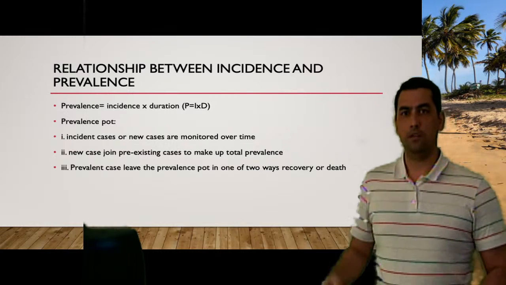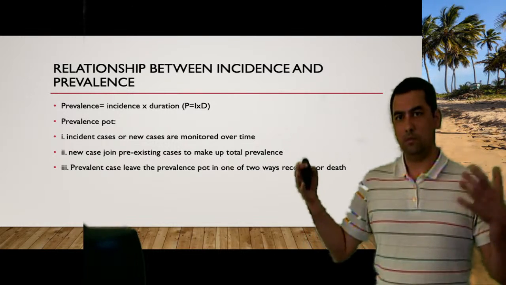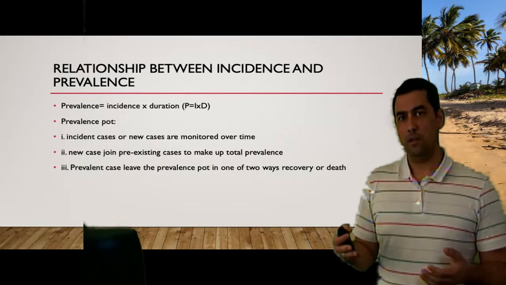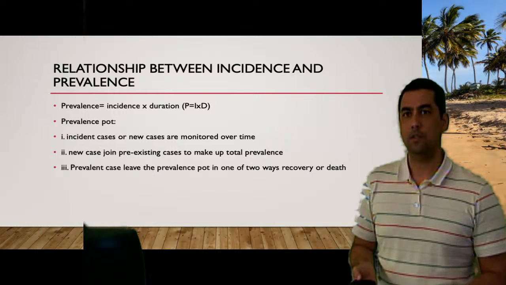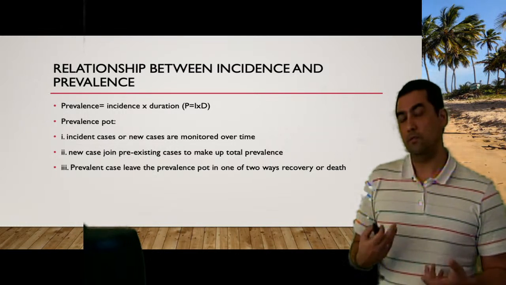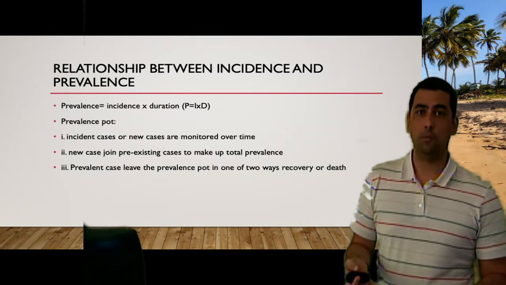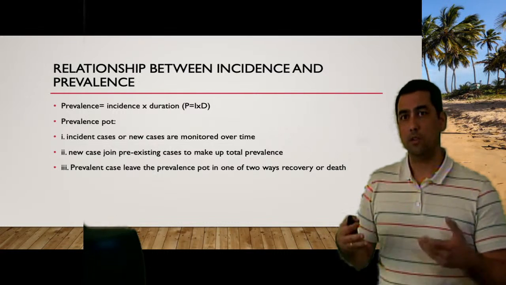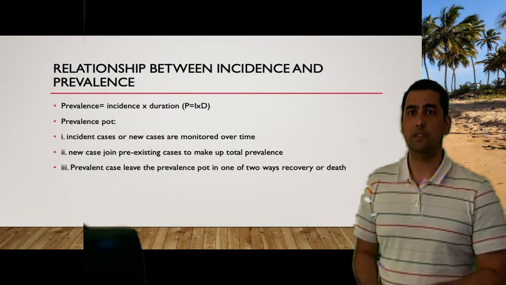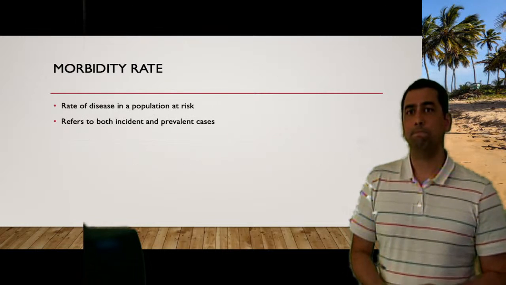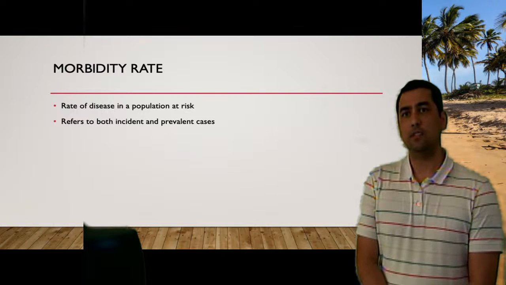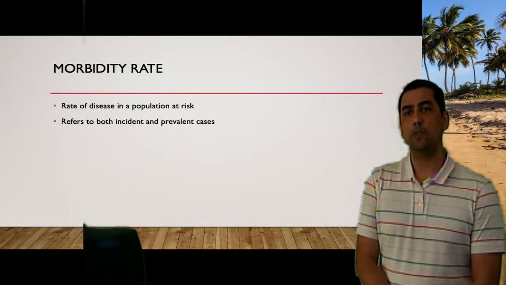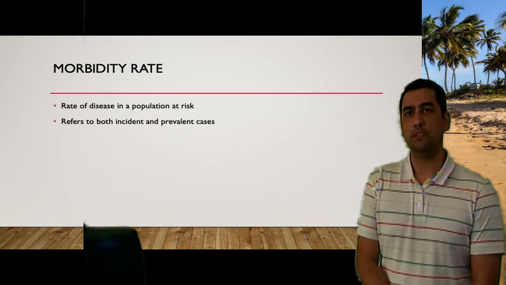Okay? If you develop some disease and you recover, you're out of prevalence. And if someone dies, they're out of the prevalence. Okay? Morbidity rate is the rate of disease in a population at risk. It refers to both incident and prevalent cases.